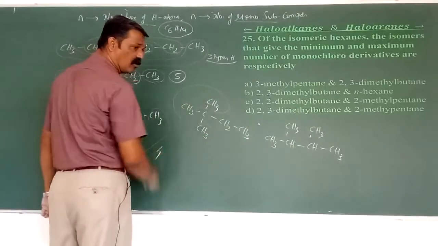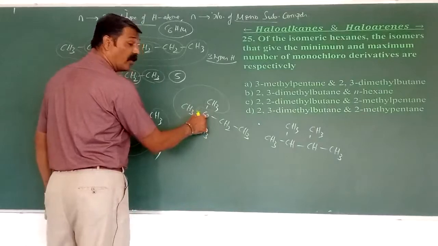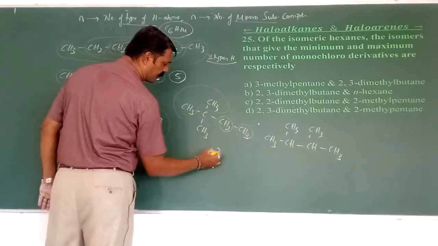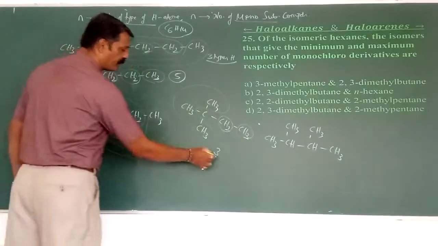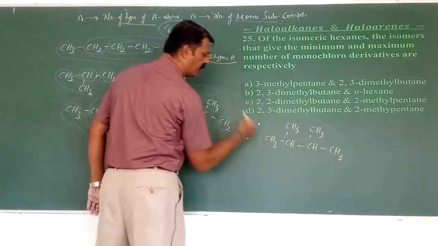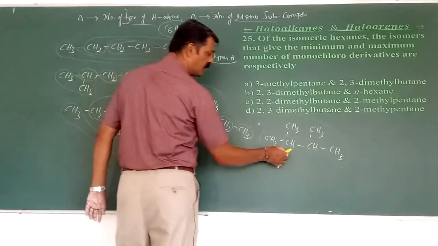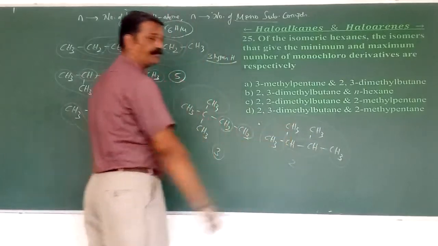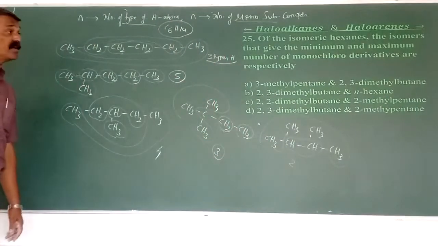Here it doesn't undergo mono substitution, because there are no hydrogens, so we can't have a second and third type. Here, all these 4 are the same and these 2 are the same, therefore it is 2.